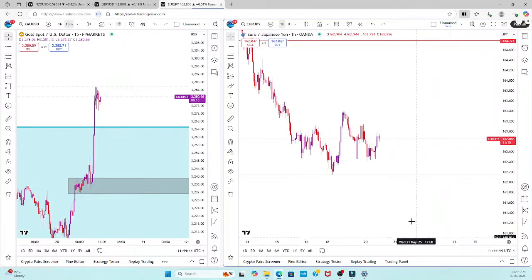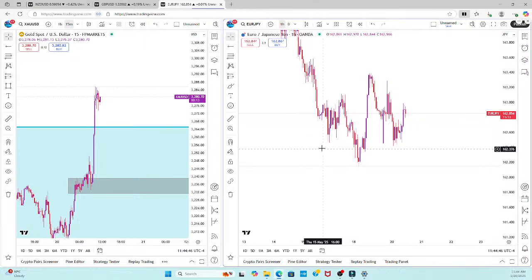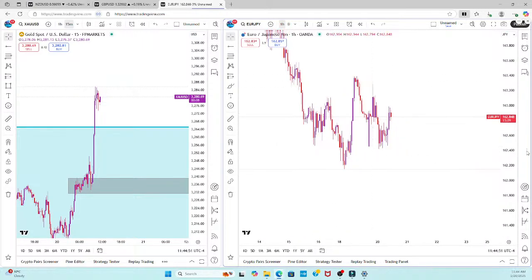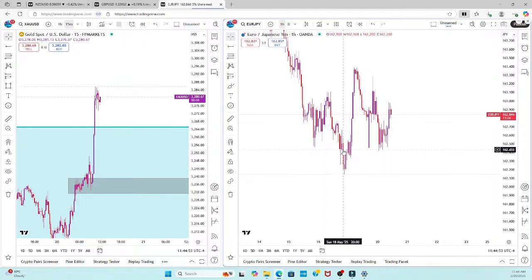So now I want to be trading with the trend, right? In a downtrend, I want to be looking for opportunities to short. So looking at this chart here, this is our current low, correct? So that's our current low.